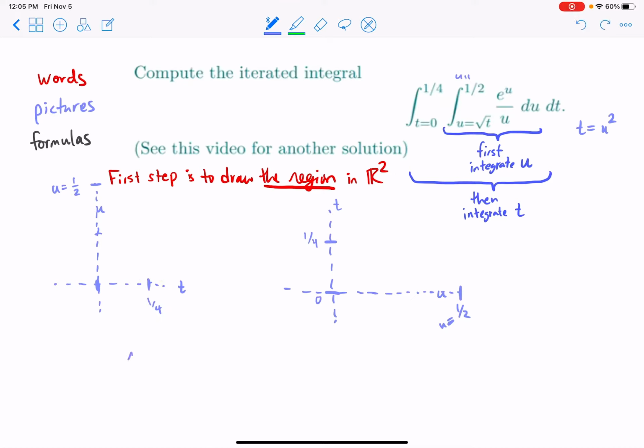The square root of 1/4 is 1/2. 1/2 times 1/2 is 1/4. Okay, so this point is on the curve, and over here, that point is there. And yeah, so what does it look like? I guess it looks like either this or this.